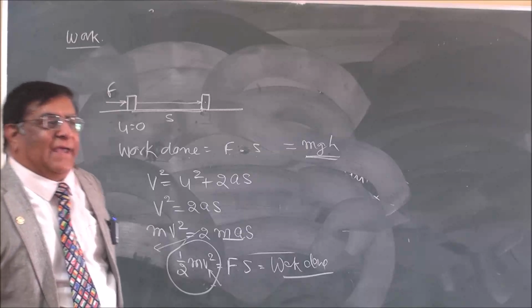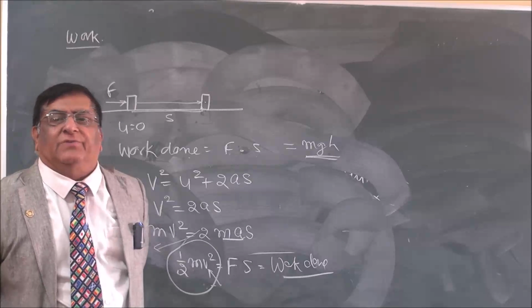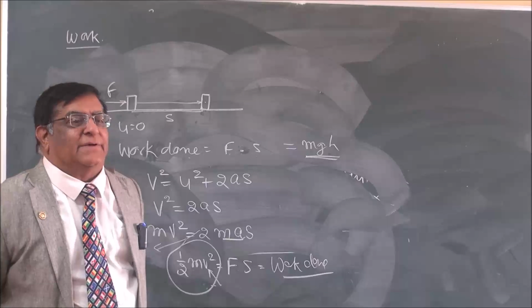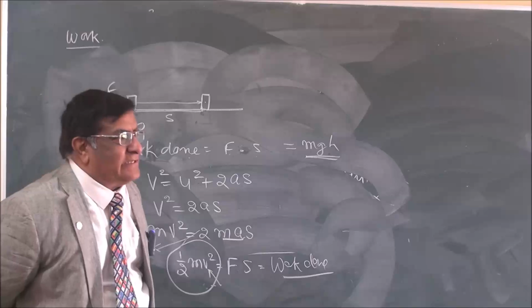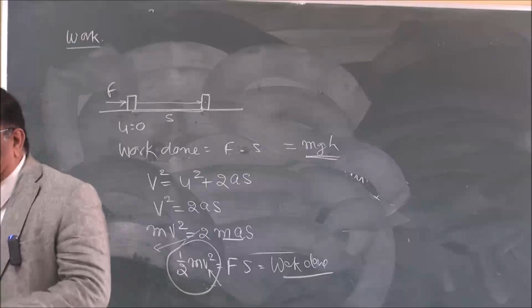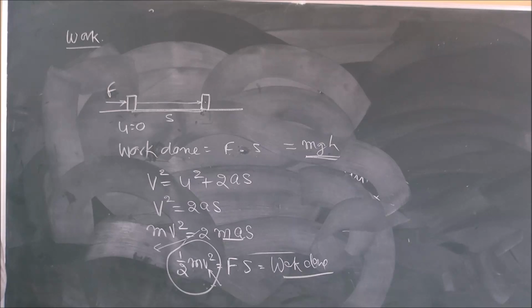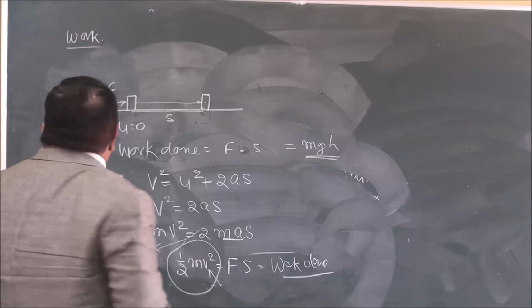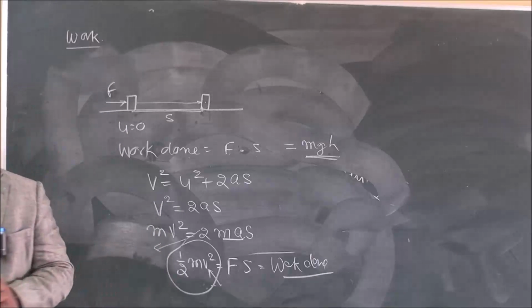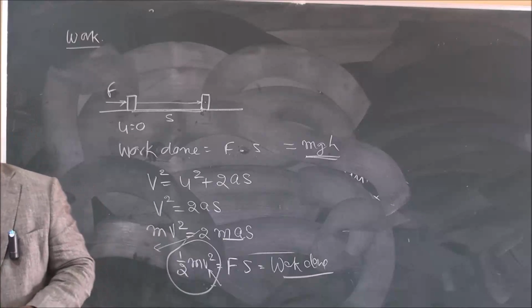If we are doing work on something, that will not go waste, its energy has to increase. If something is doing work, its energy is definitely decreasing. That is the work energy theorem.